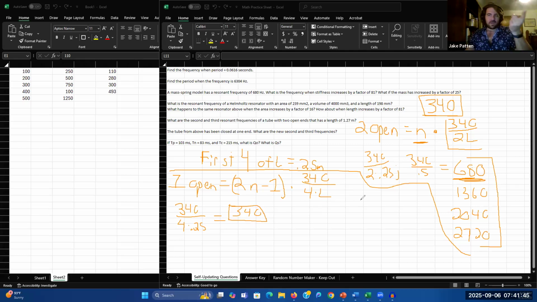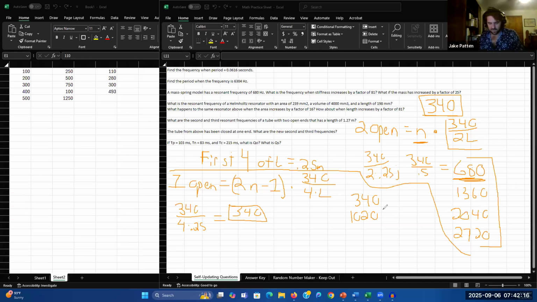First resonant frequency is harmonic 1. 1 times 340 is 340. Cool. That's easy enough. Second harmonic is going to be 3, not 2, even though it's the second harmonic. And that's because 2 times 2 minus 1 is 3. So then you multiply 340 by 3, 1020. Third harmonic, 2 times 3 is 6 minus 1 is 5.